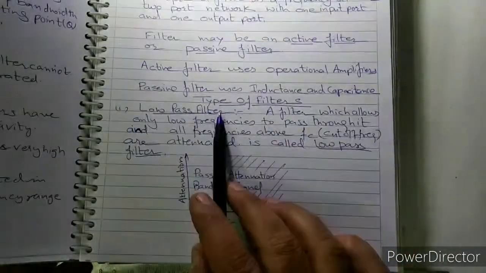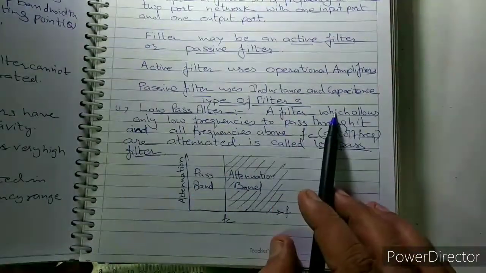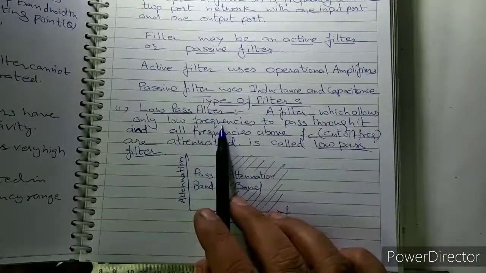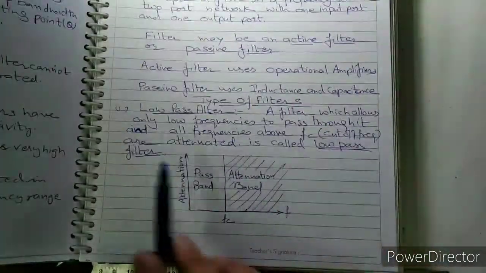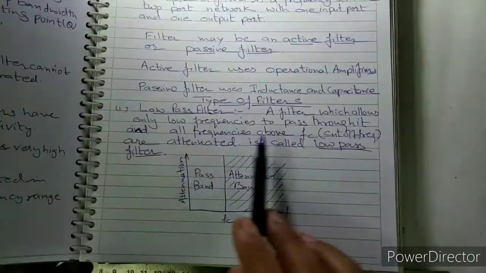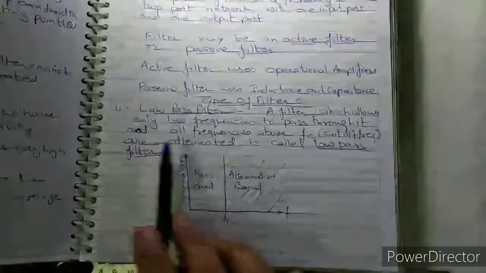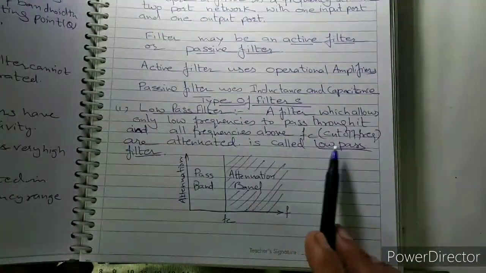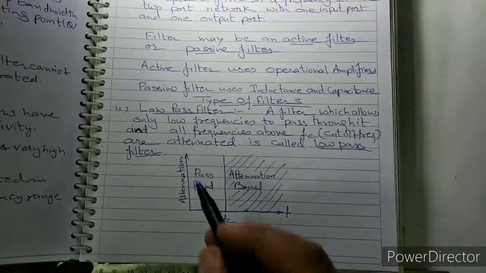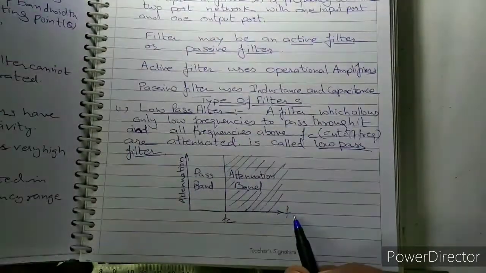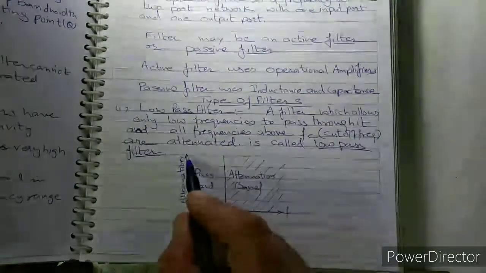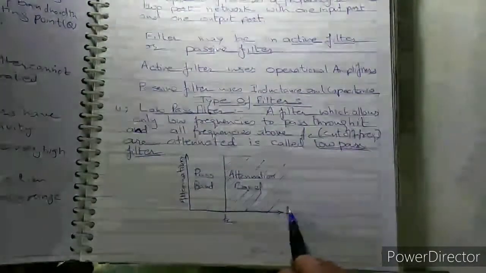First one is low pass filter. A filter which allows only low frequencies to pass through it and all frequencies above the cutoff frequency are attenuated is called low pass filter. As we can see from the graph here, this side is attenuation, this side is frequency.